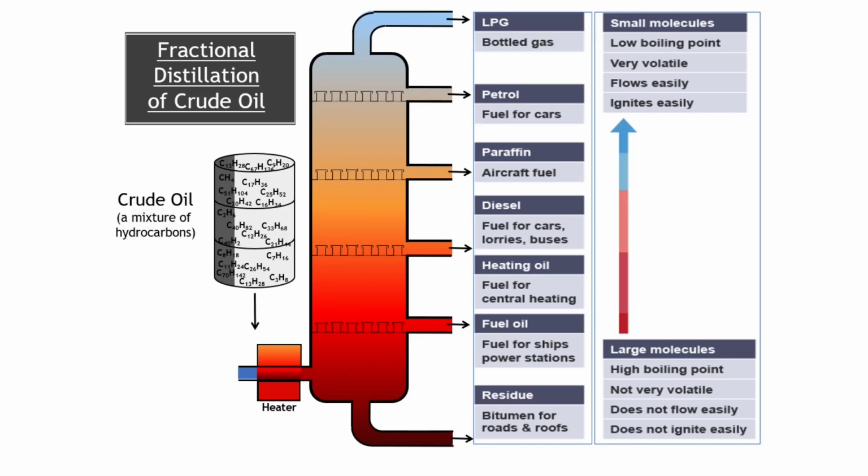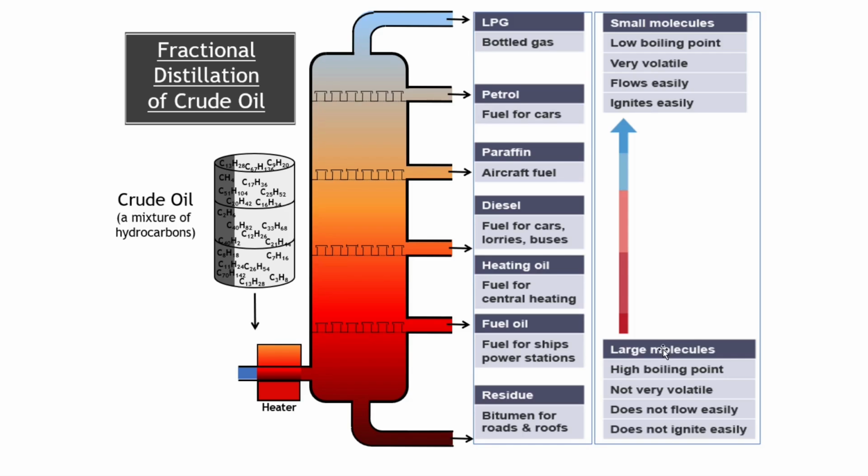Well, there are four key trends that we need to be able to talk about and discuss when thinking about the fractional distillation column. We need to know the trend in the size of molecules as we go down or up the column. We need to know the trend in boiling point as we go down or up the column, and we also need to know the trend in viscosity and flammability as we go down and up the column.